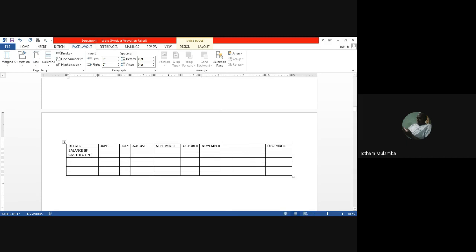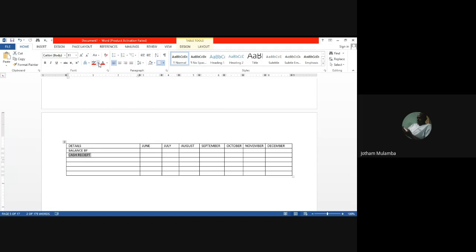So cash receipts. Underline this because it's not one transaction.